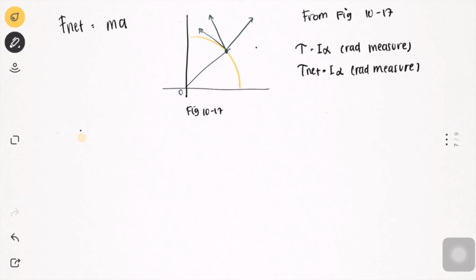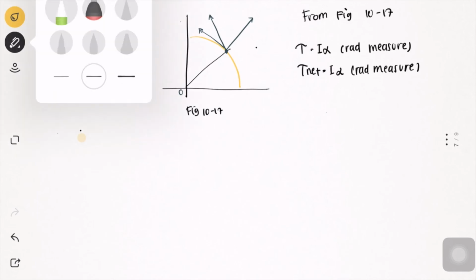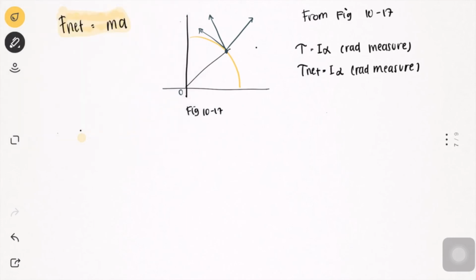If we want to relate the net torque on a rigid body to the angular acceleration that torque causes about the rotation axis, we can do so by using Newton's second law, which is F net equals m a, m for mass and a for acceleration. The torque due to the tangential component of the force causes an angular acceleration around the rotation axis.